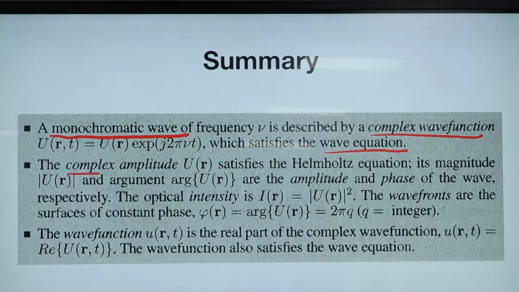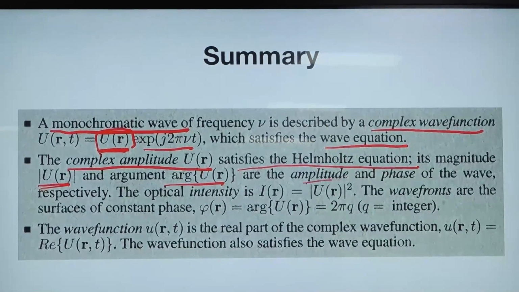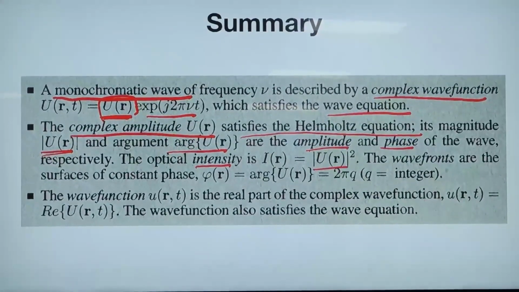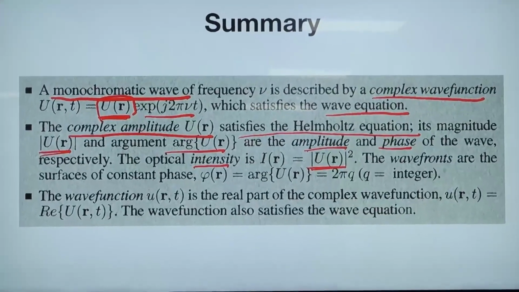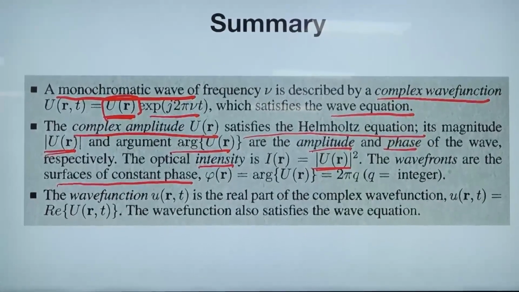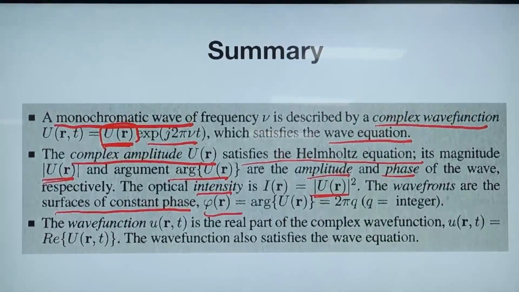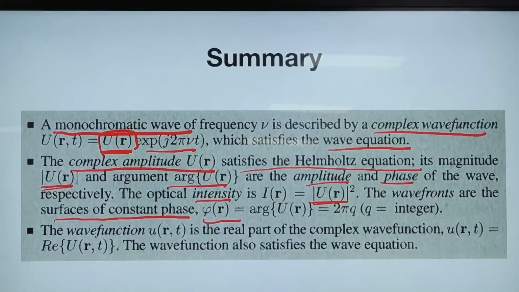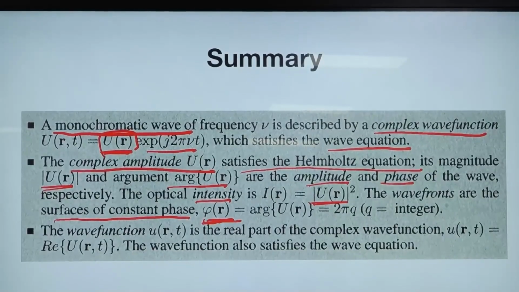The complex amplitude u of r, so you just take this part, ignore this part, and only take the u of r part, satisfies the Helmholtz equation, and its magnitude and angle are called the amplitude and phase of the wave. The intensity of the wave is the amplitude squared, and the wavefronts are surfaces of constant phase. If you connect all the points which have the same phase, that constitutes the wave front, and that's phi of r.